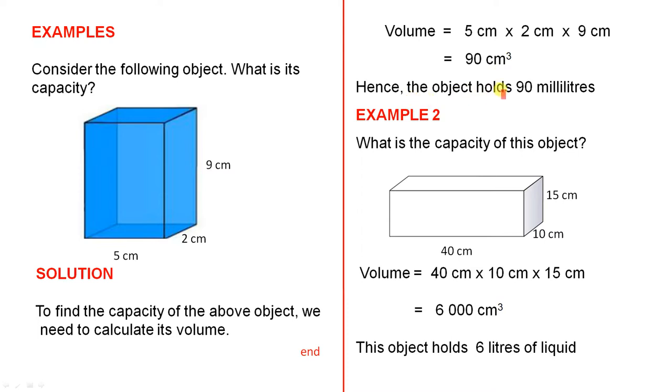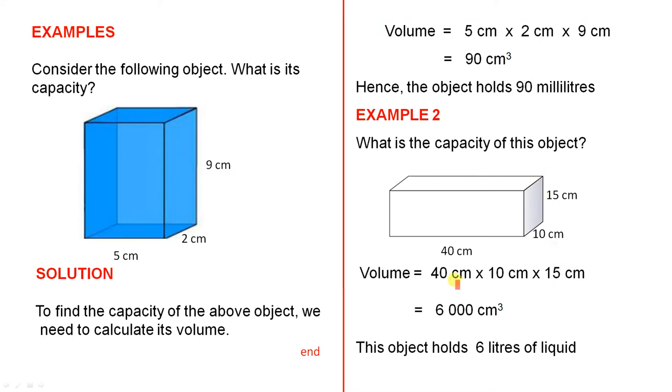Hence the object holds 90 millilitres, because we saw the conversion on the previous slide where 1 cubic centimetre holds 1 millilitre. Example 2, what is the capacity of this object? Again, that's a rectangular prism, 40 centimetres by 10 centimetres by 15 centimetres.